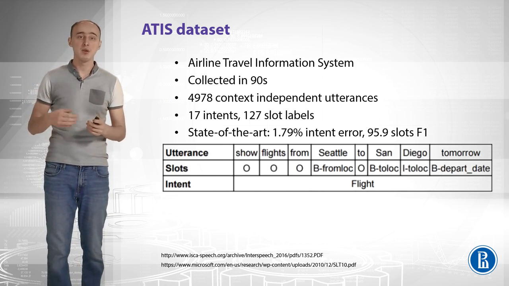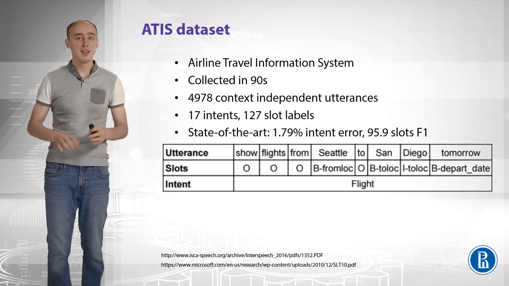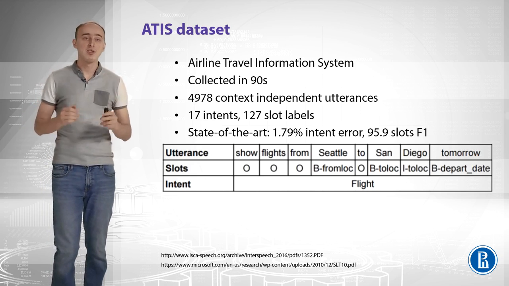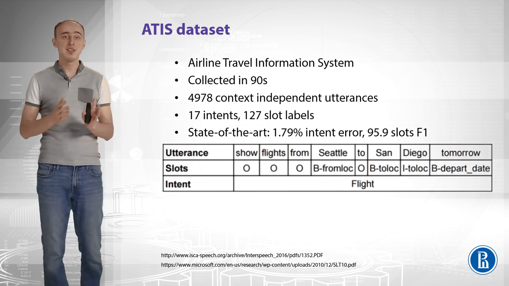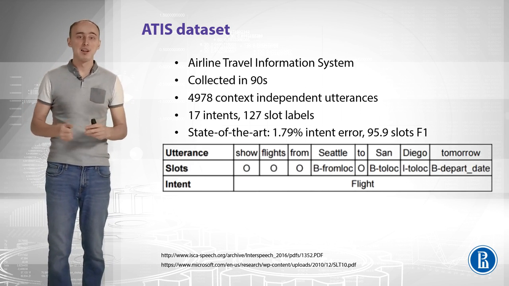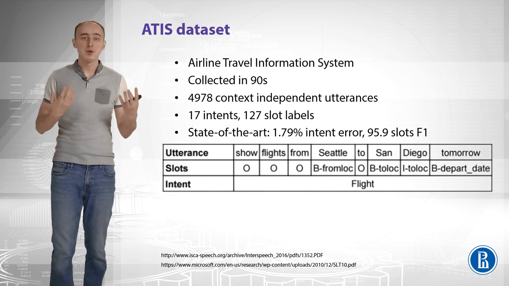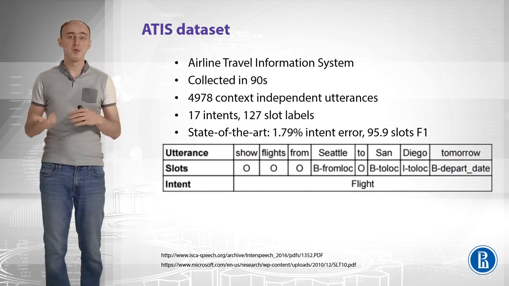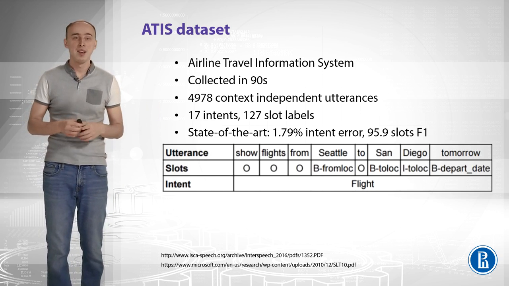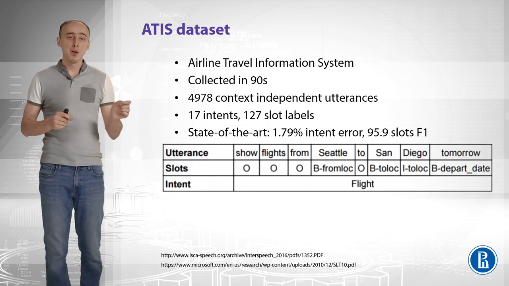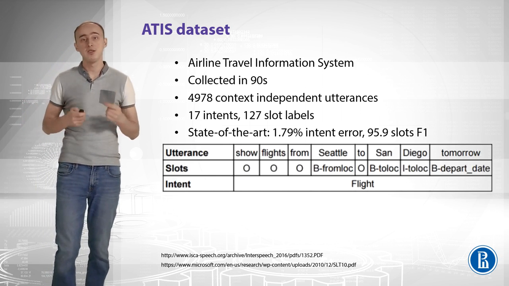That means we have a one-turn dialog, and we don't need a fancy dialog manager here. It has 17 intents and 127 slot labels, like from location, to location, departure time, and so forth. The utterances are like this: show me flights from Seattle to San Diego tomorrow. The state of the art for this task is 1.7 intent error and 95.9 slots F1. So this is pretty cool.